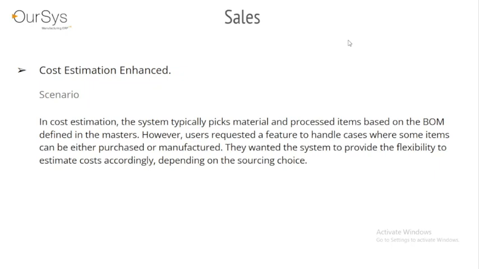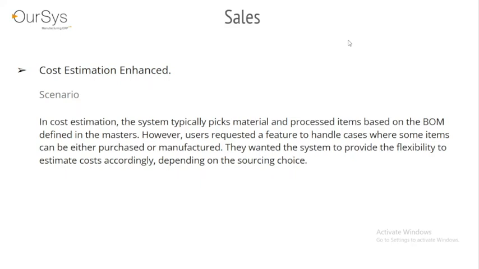The system typically picks the material and process item based on the bill of material defined in the masters. However, users requested a feature to handle cases where some items can be either purchased or manufactured. They wanted the system to provide the flexibility to estimate the cost accordingly, depending on the sourcing choice.